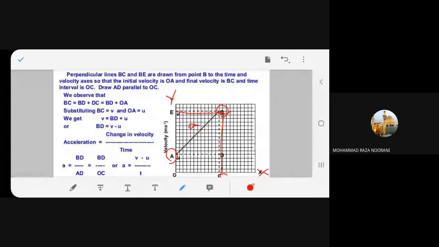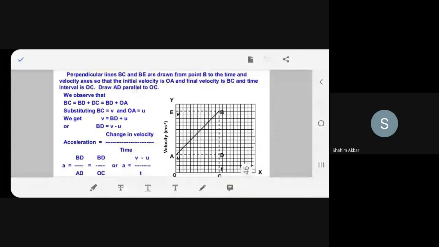So we have two perpendicular lines from B, one on the x-axis, which becomes BC, and the other on the y-axis, which becomes BE. See, we are going step by step. Have you understood this much? Yes, ma'am.